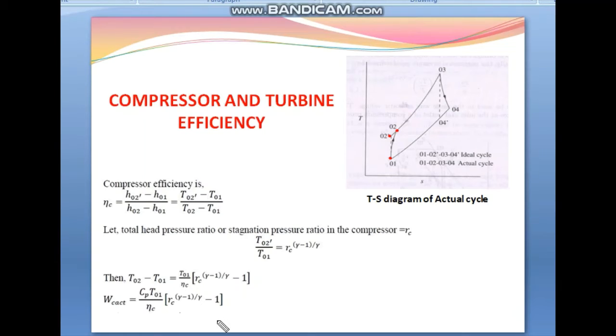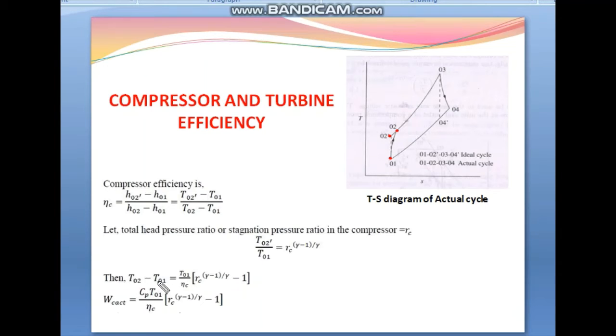Now the actual compressor work is defined as WC act, that is equal to Cp into T1 by eta C into RC to the power gamma minus 1 by gamma, minus 1, because this work done is the temperature difference T2 minus T1.